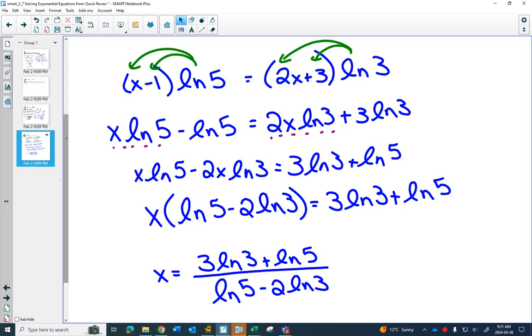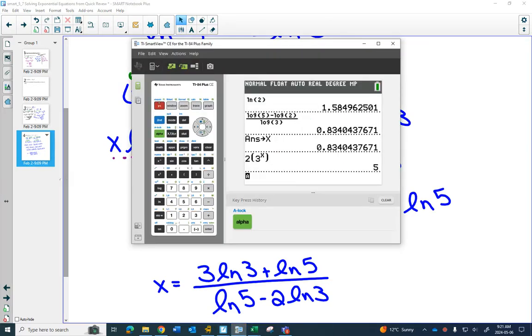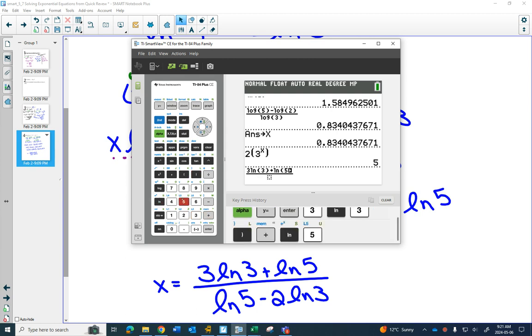And again, once I have this final answer, I can go to my calculator and type the whole thing in.